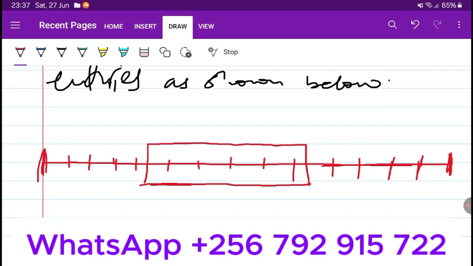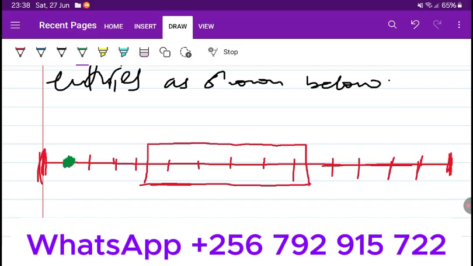Now, what is going to happen is that we are going to plot our numbers. We plot the minimum. Remember we said these numbers are going to be arranged in order. So the minimum, we shall assume that maybe this is our minimum. Let me just use a different color.